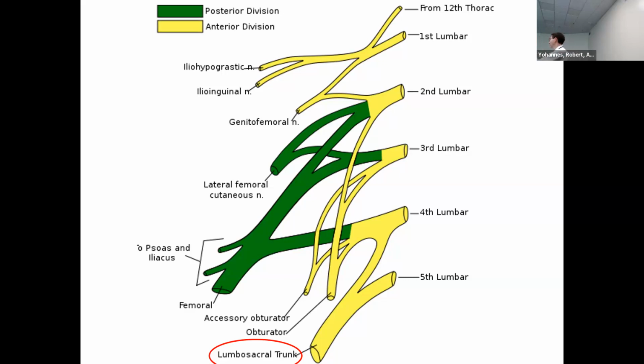Think about it like an eagle, and then there's the head. Now, why is the lumbosacral trunk important? The majority of the contribution to the lumbosacral trunk is L5. And there are a lot of nerves that go into the lower limb which originate in L5. It's a very important group to remember.